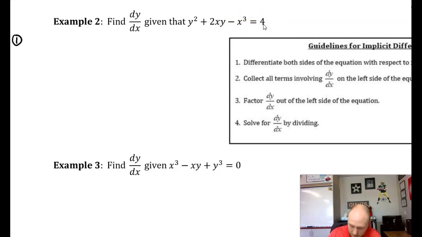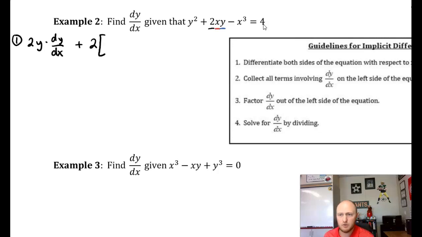So step number 1. Well, the derivative of y squared is 2y, and I'm taking the derivative of y, so I have to multiply times y prime. Actually, I'll do it in dy dx first. Dy dx. Plus, here I have a multiplier 2, so I'm going to take out the 2, and then I have two functions, x and y.